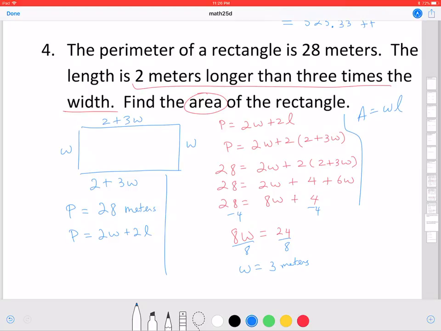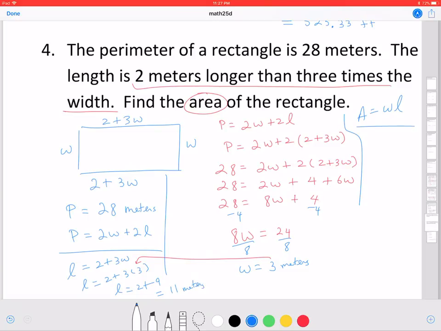Can I find the length? Yes, I can, because going back here, length is equal to 2 plus 3w. We just found that w is 3 meters. So the length is 2 plus 3 times 3 meters. Again, this 3 is where this 3 came from. So L is 2 plus 9, or 11 meters.